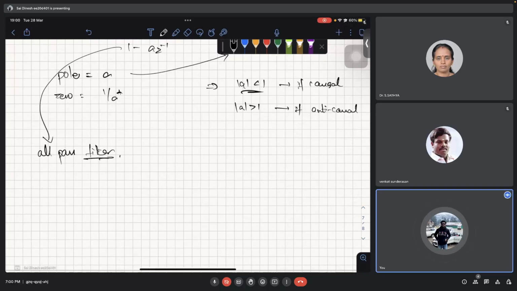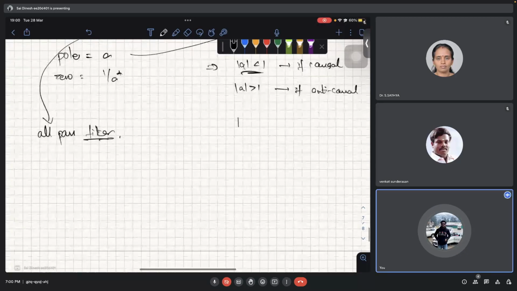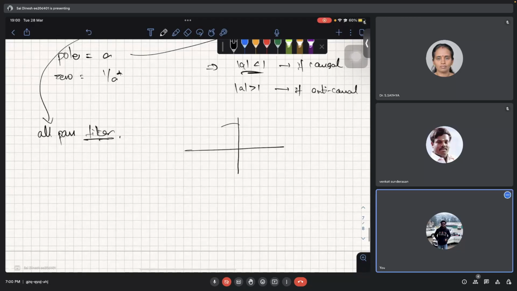an all pass filter which has poles, and this is of the form a pole and a zero at the same angle, right?